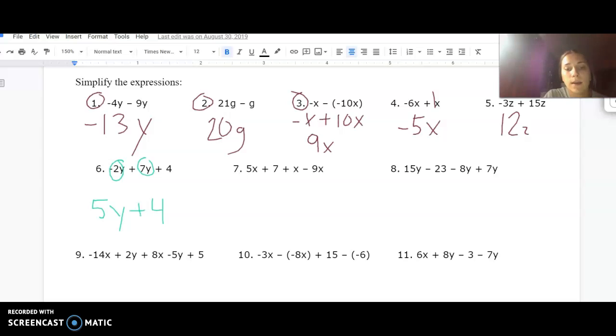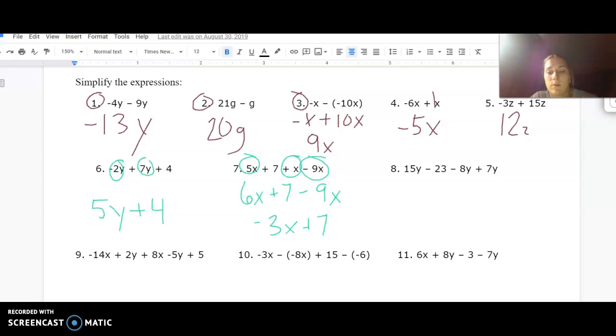My next one, I have 5x plus 7 plus x minus 9x. So I'm going to start by combining the first two x's. So that's going to give me 6x plus 7 minus 9x. Then I'm going to do the 6 minus 9, which gives me negative 3x plus 7.